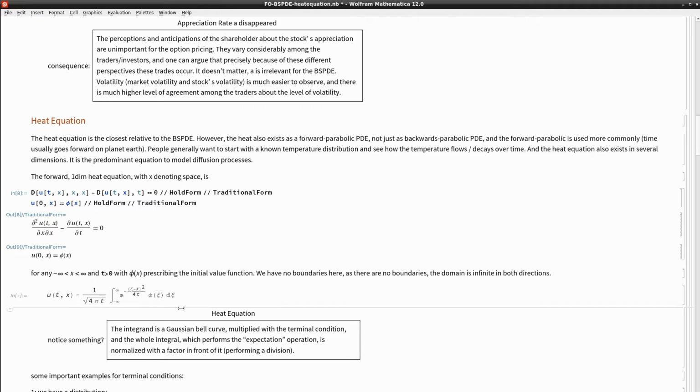We don't care what it is because xi disappears in the integration. But note that we have the spatial variable and the time variable in the integrand, and we have the time variable in the factor in front of it. And also notice that we have a Gaussian Bell integrand here multiplied with the payout profile.